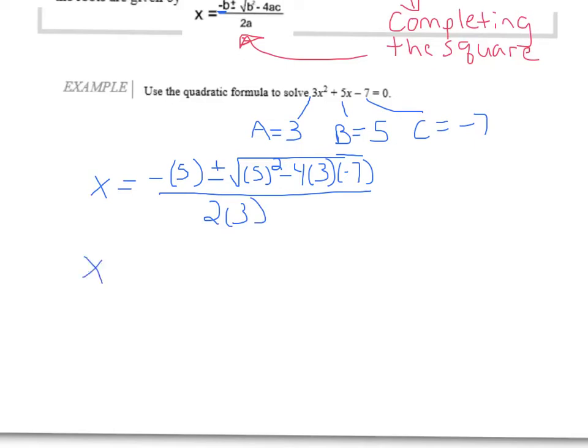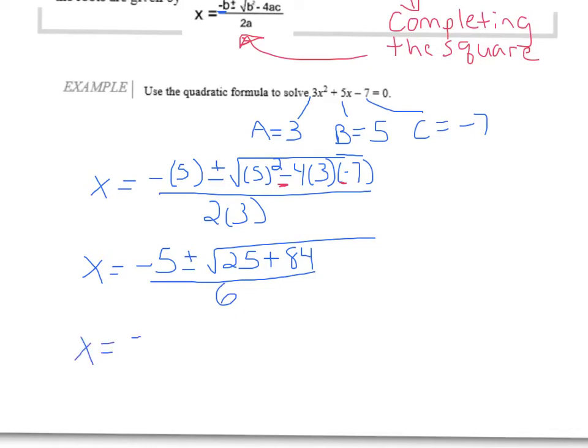And then we simplify. So x equals -5 is just -5. And then 5 squared is 25. And then up here we have a negative times a negative, so that ends up being a positive. 4 times 3 is 12, times 7 is 84, all over 2 times 3, which is 6.